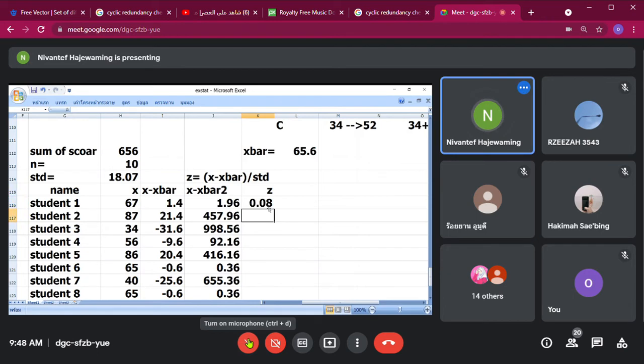You get this one. Or you can calculate that it is equal this number minus this number divided by this number. You get this one. Right? This is some technique about Excel. Don't worry about it.